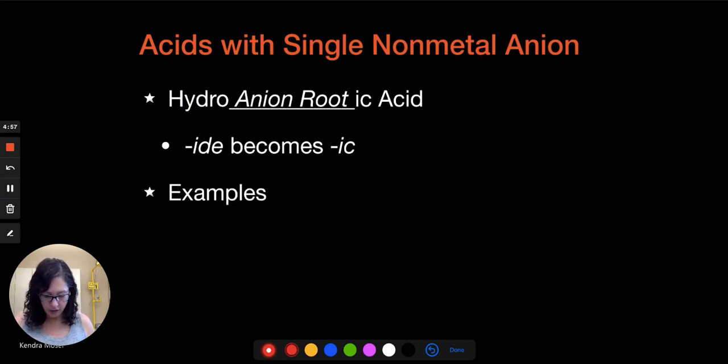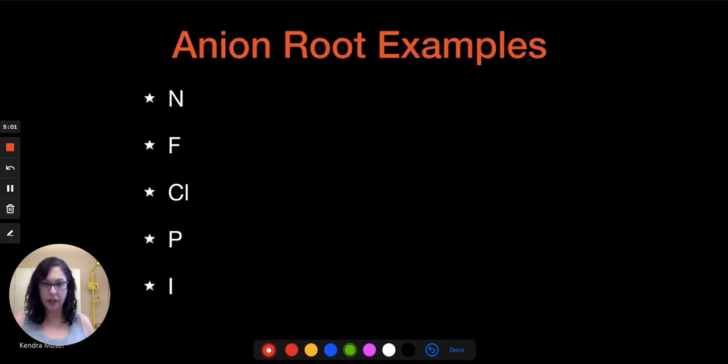So just to make sure you guys are really good on those roots, you can always go back and look at the periodic table of ions because it is helpful there. But when we're looking at the root words for these, for nitrogen it would be nitric, so nitric would be the acid.